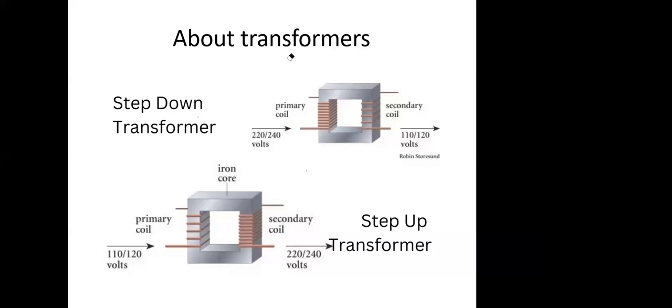To me, I think a step-down transformer is one which is used to reduce alternating current. For example, it converts high voltage from the primary coil into low voltage in the secondary coil. That's what I think.